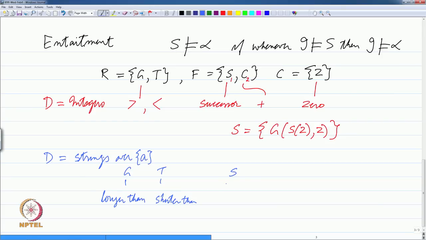S could be a function which also defines a successor, which says that the successor of x is equal to x followed by a. I could define my notion of a successor like this.